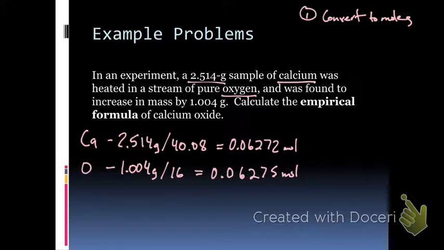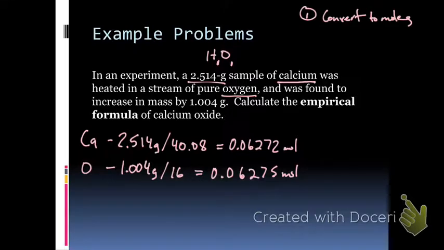And what I want you to see is that in an empirical formula, like for example HO, that means for every 1 mole of hydrogen, I have 1 mole of oxygen, right? That's what it means.